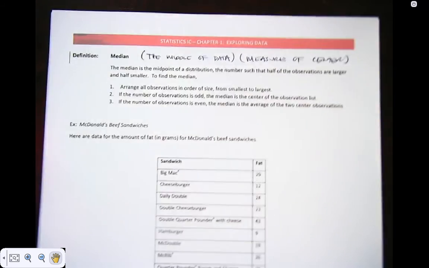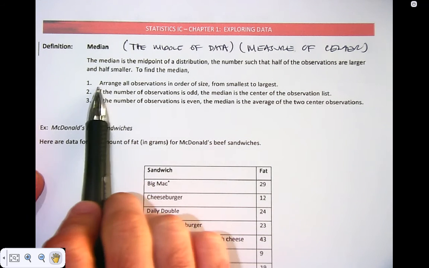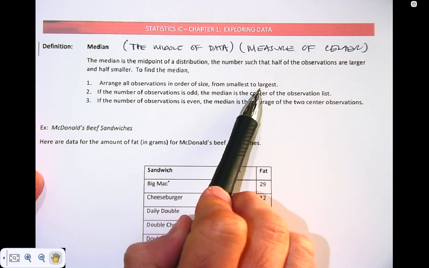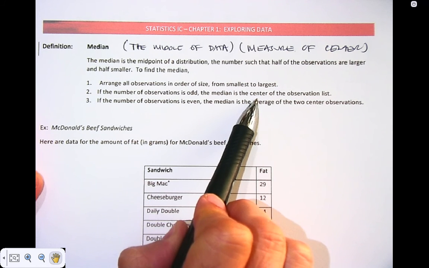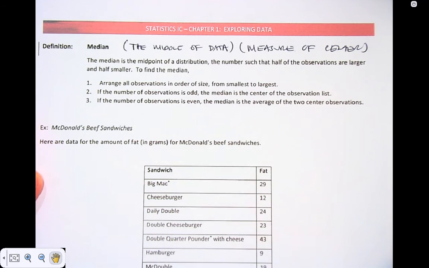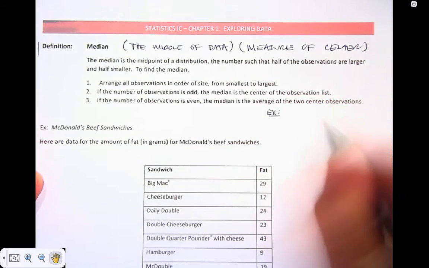And it gives you some directions on how to find it. If you want to find the median, you want to arrange all the observations in order of size from smallest to largest. If the number of observations is odd, the median is the center. If the number of observations is even, the median would be the average of the two centers. And that might be a little bit confusing. So let's just do a quick example here.